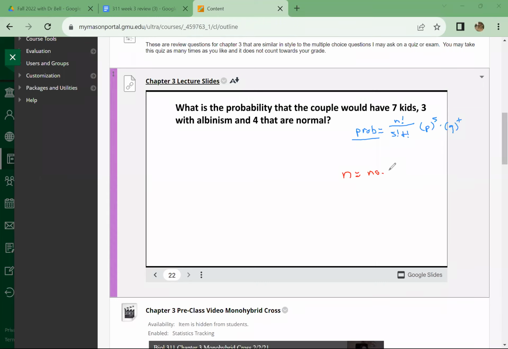An event in probability is a specific occurrence, such as the birth of a child with a specific skin trait. So n is the number of events.